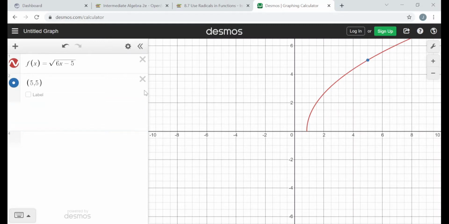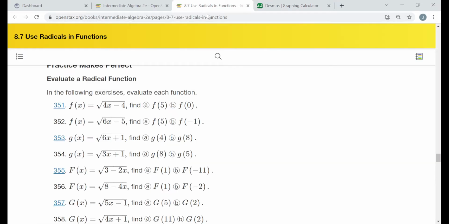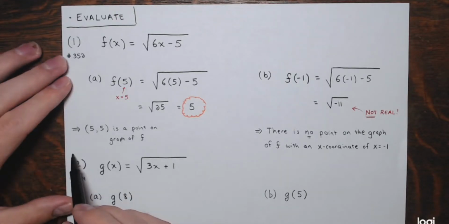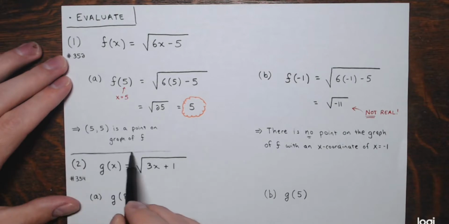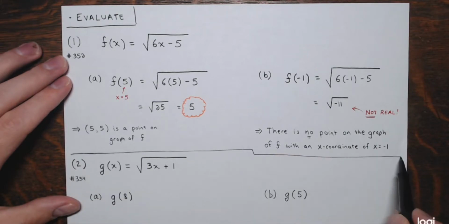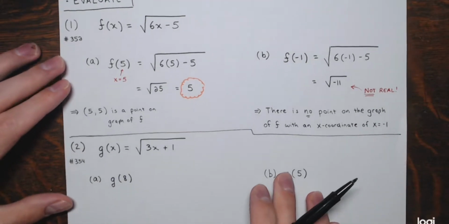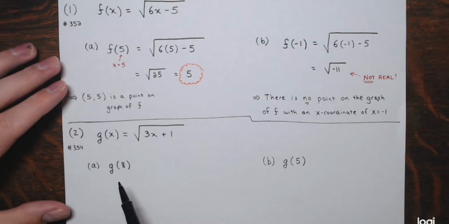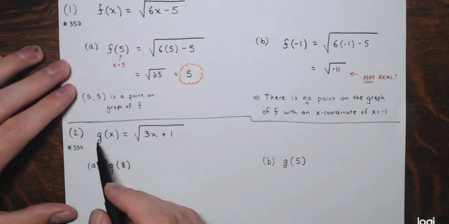Now, the next question. So that was number 1, number 352. Now, question 2 is exercise 354 in the text. Same thing, only the function's called g this time.